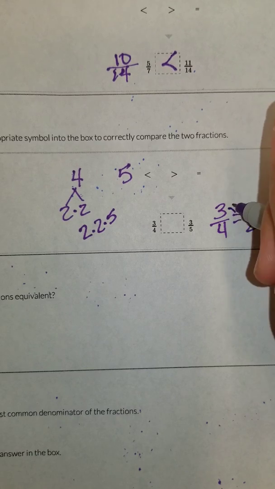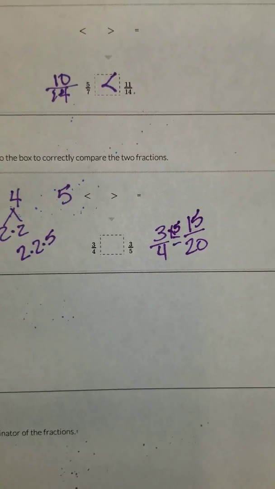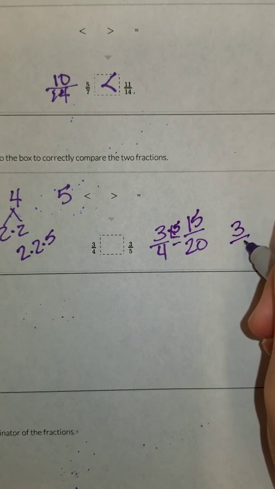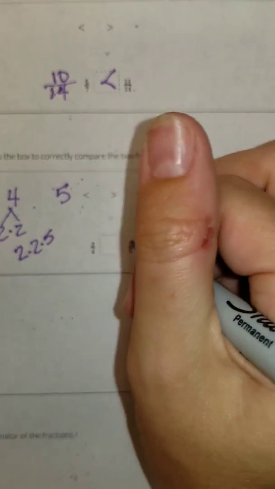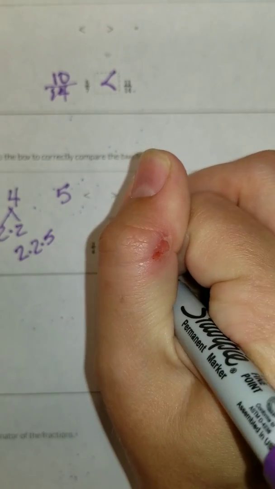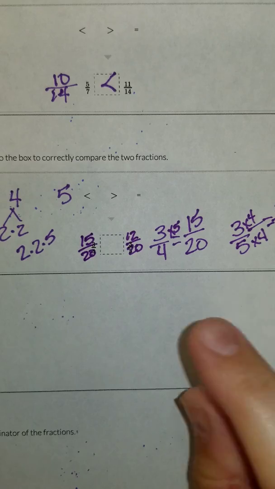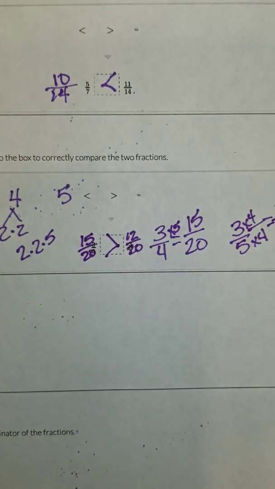That was 5. So I'm also going to multiply the top by 5 and get 15. On the bottom, I've got 3/5. I have to multiply by 4 to get the 20, and on the top, 3 times 4 gives me 12. So this one was 12 over 20, and this one is 15 over 20. The larger of the two is the 15 over 20. So I would say greater than.